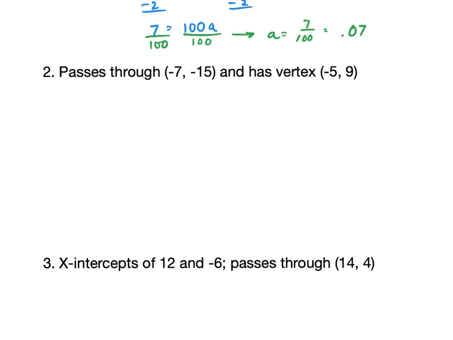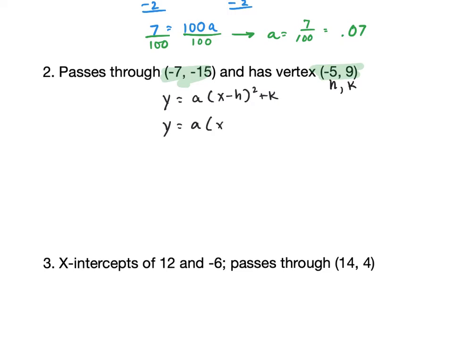Let's take a look at problem number 2. Same idea. They tell us a point it passes through, and they also tell us the vertex, so we grab that vertex form. As long as you start to follow the patterns we're using, oh, you give me vertex, I will use vertex form. I know h, I know k, because that's the vertex.